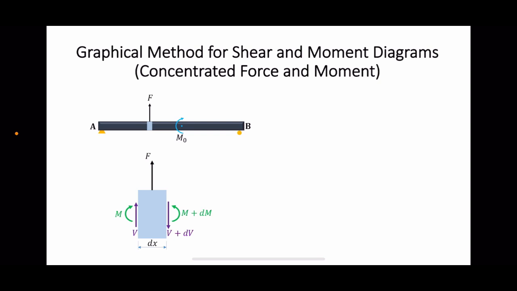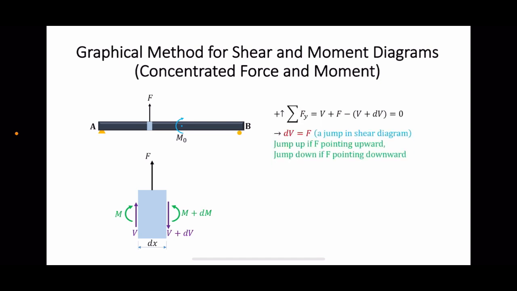From the equilibrium of forces in the vertical direction, we can see a jump of the same value of concentrated force in the shear diagram. Specifically, if the concentrated force is pointing upward, there will be a jump up when we go from the left to the right. On the other hand, if the concentrated force is pointing downward, there will be a jump down.